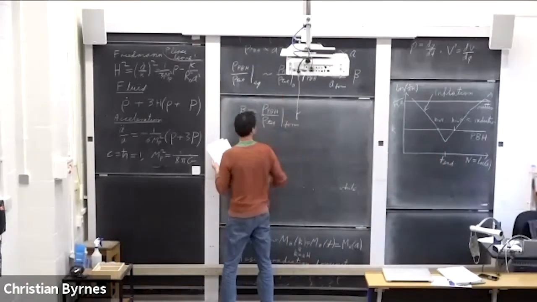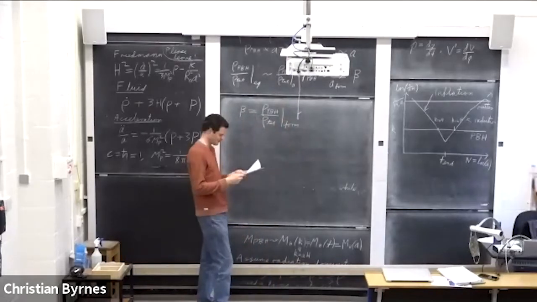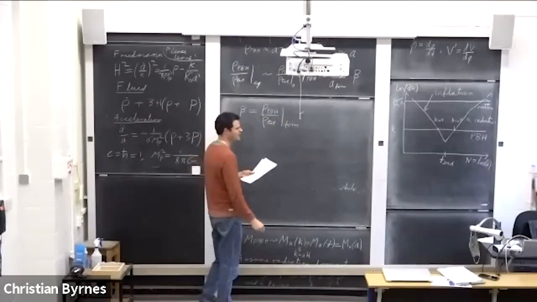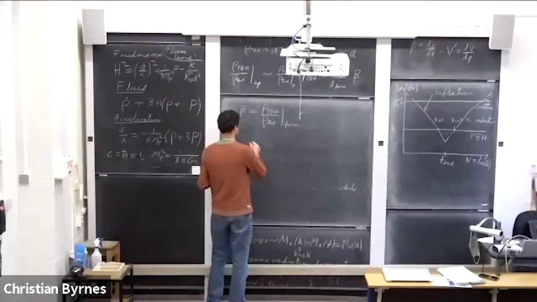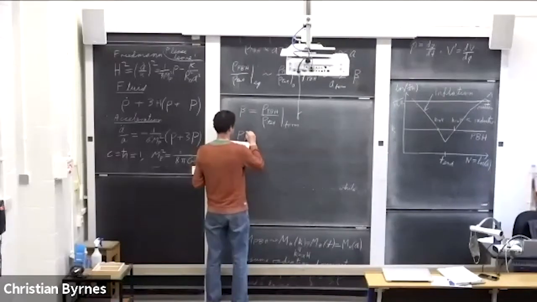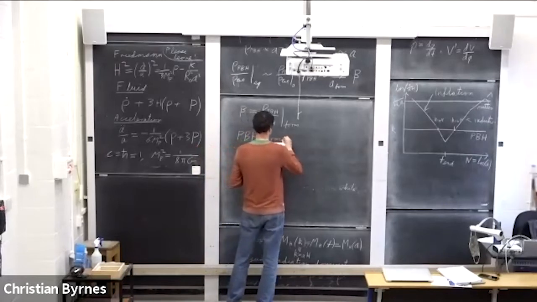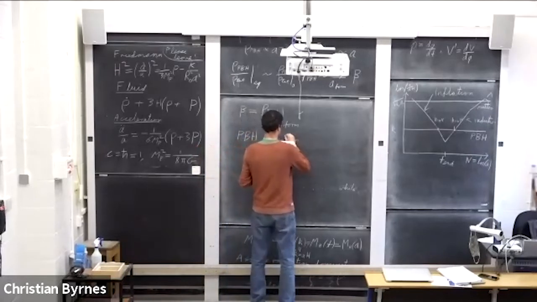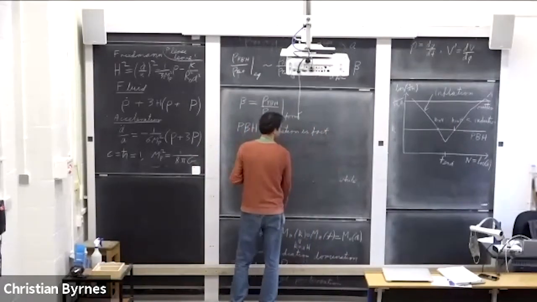So I'm now going to make another approximation. This whole lecture is full of approximations, which is that primordial black hole formation is nearly instantaneous. And that one's actually quite a reasonable approximation. It's fast. By fast, what do I mean?